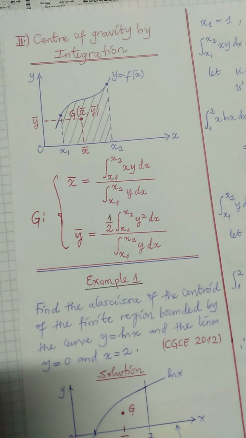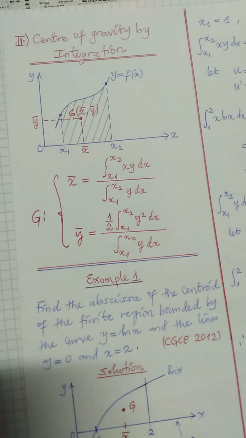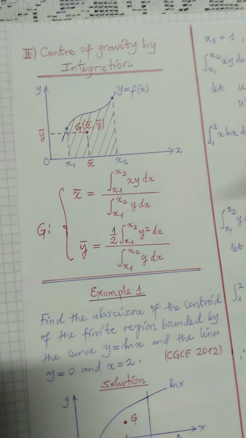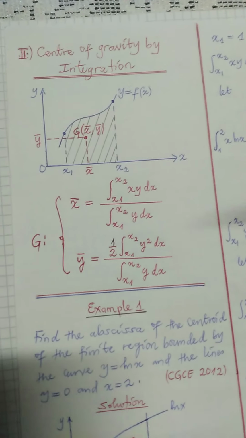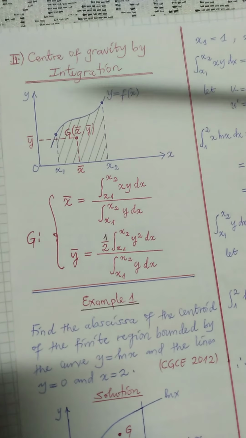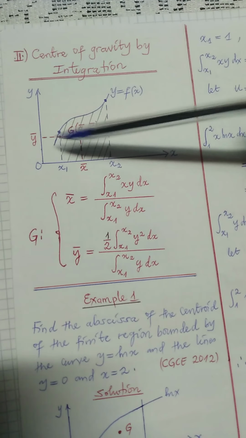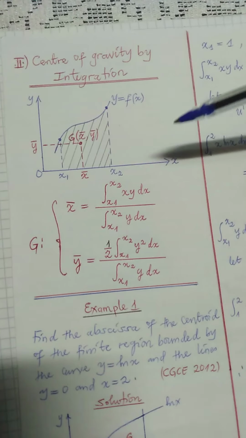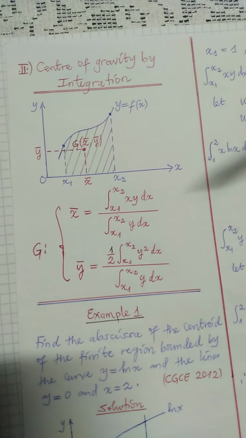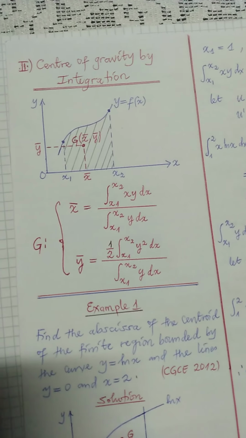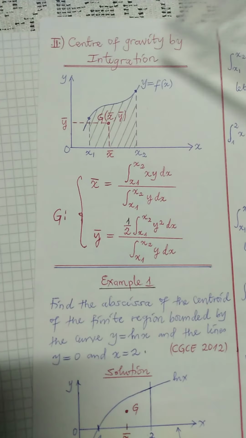Today we are going to be discussing center of gravity 2, and we shall see how to evaluate center of gravity by integration. So here we consider on the Cartesian plane xy a curve y equals f of x.